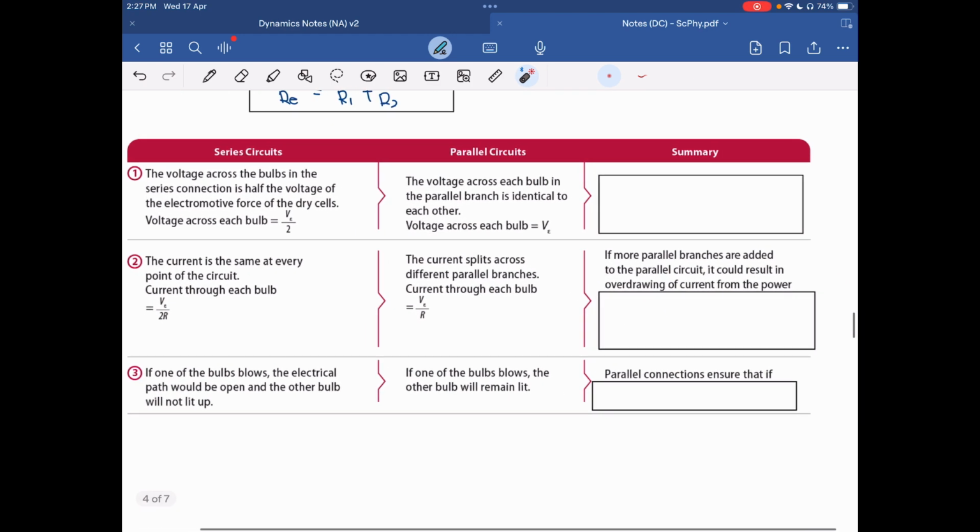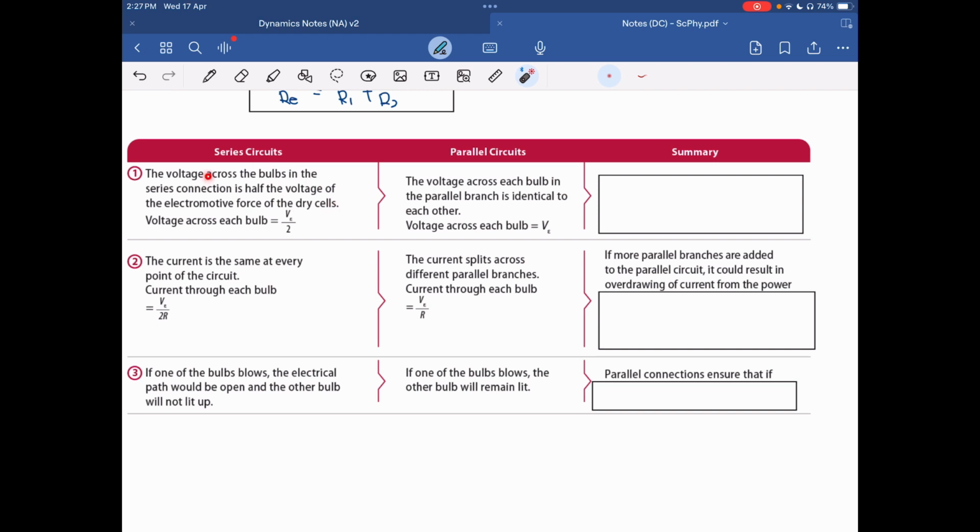Now for the summary. This shows us the advantages and disadvantages of arranging the electrical components in series or parallel circuit.